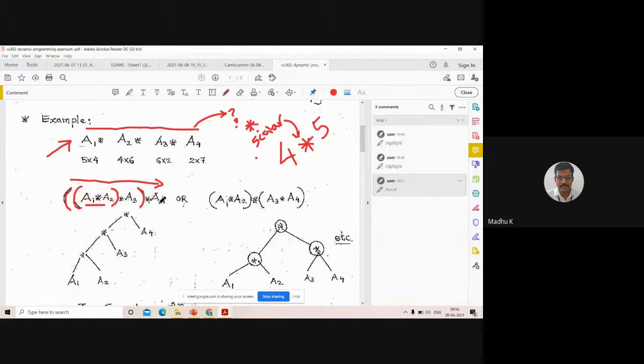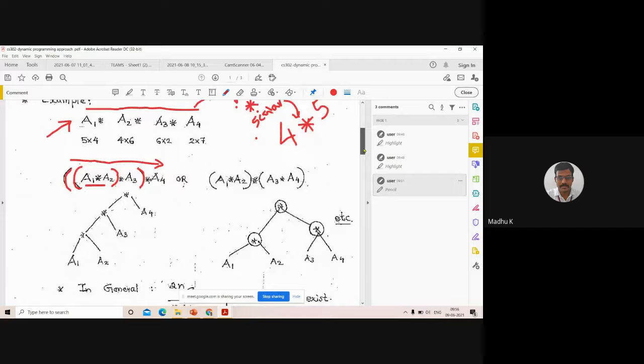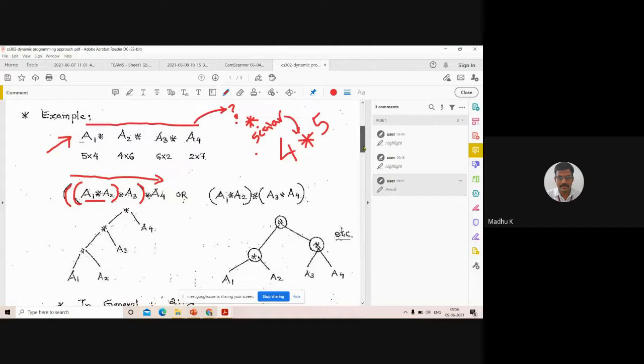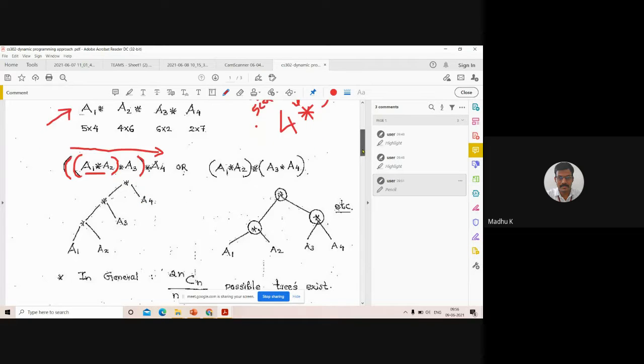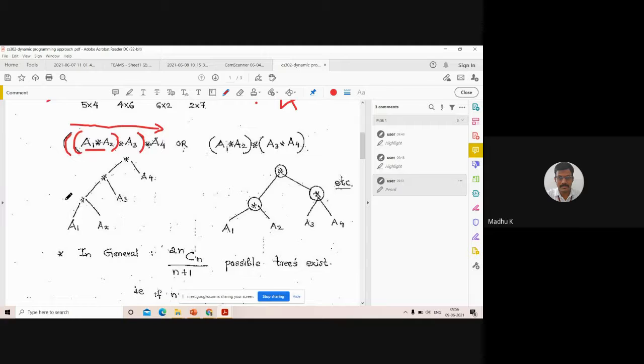This is one possible type of multiplication. Another sequence of multiplication is this. You can note the tree also. This is the corresponding tree for performing this multiplication.